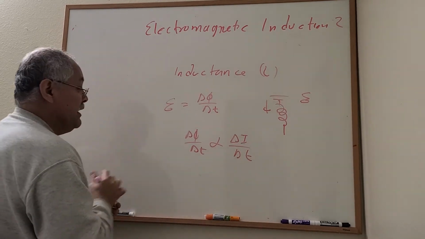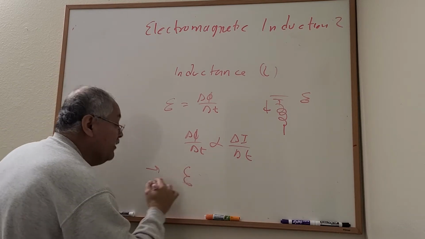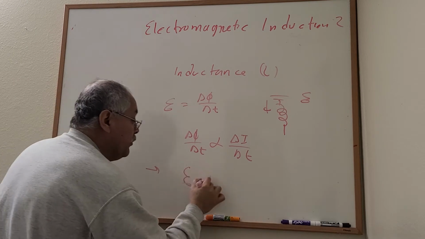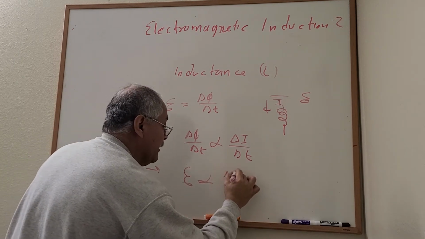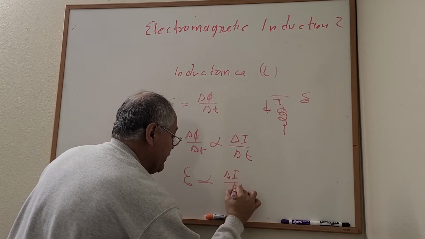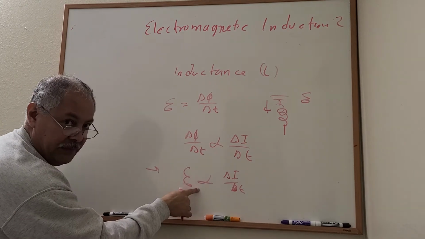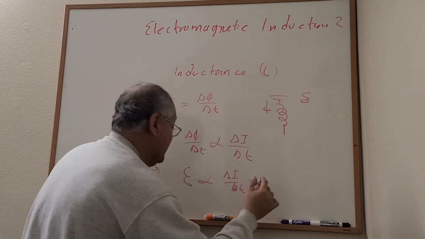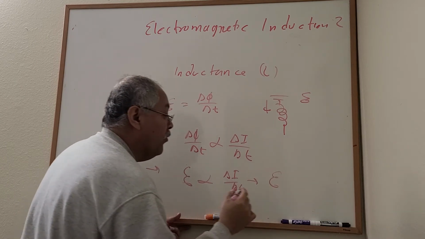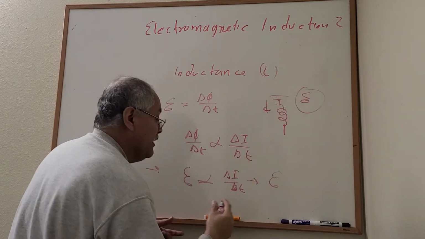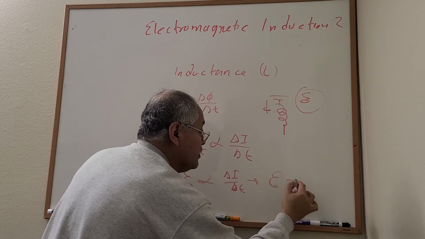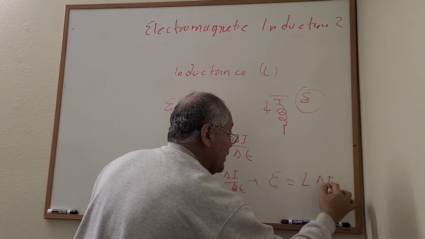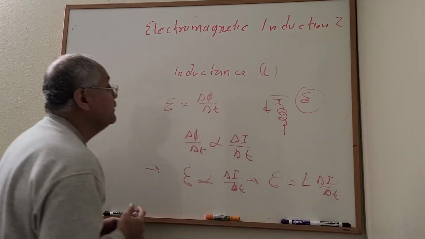Perfect. This means that the electromotive force created by this coil is proportional to the change of the current with respect to time. How do we eliminate this proportionality symbol again? Well, using a constant. So the electromotive force is equal to a constant, the constant is L, times the change of the current with respect to time.